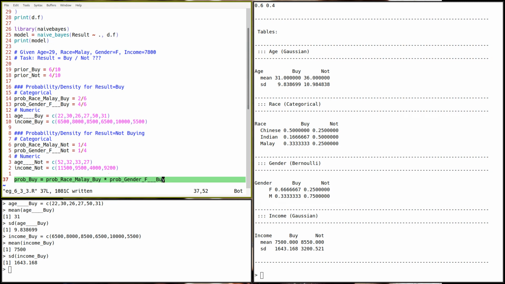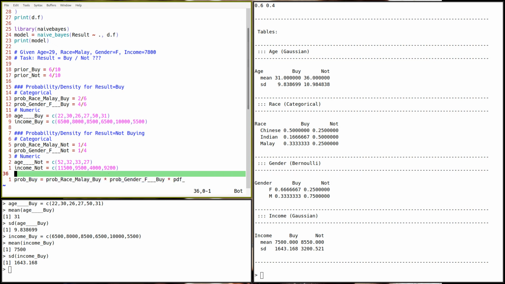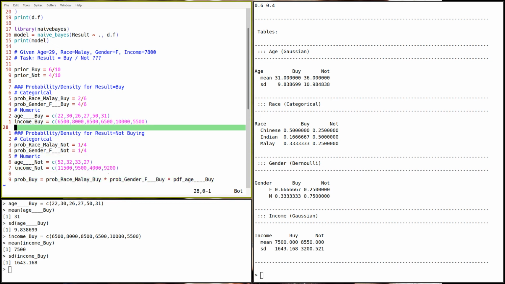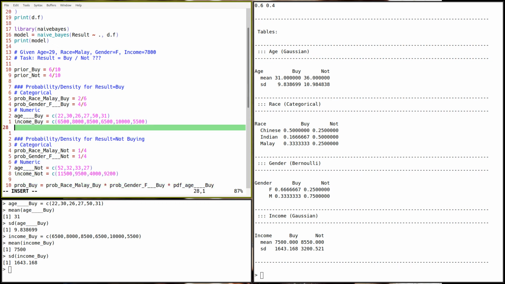Then we need to find out the probability density value for age when buying.